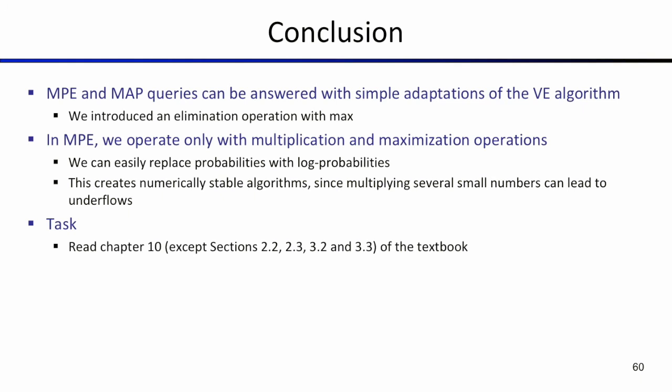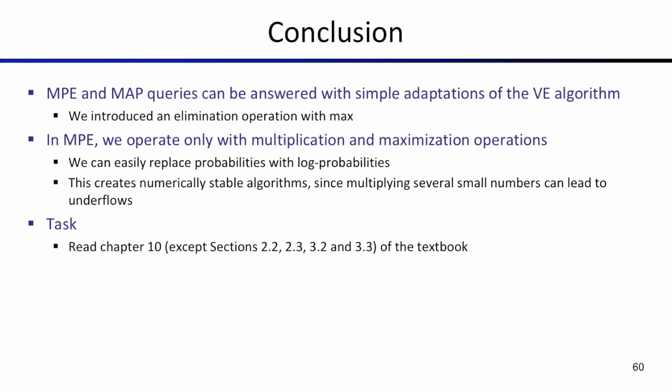In this case, it's complicated to work with log probabilities because we do not have a natural operation for summing out log probabilities. If we want to work with log probabilities in MAP queries, we would be required to transform the log probabilities into probabilities in order to sum out the variables.